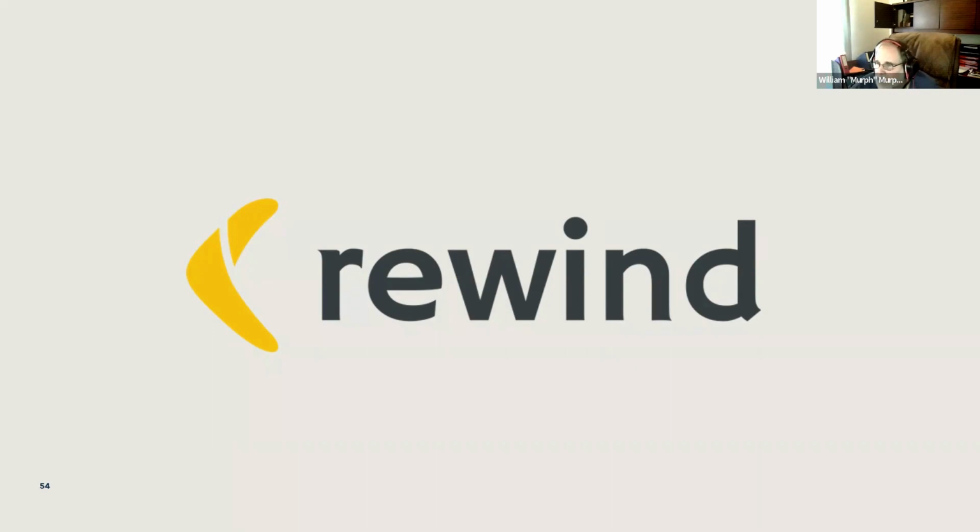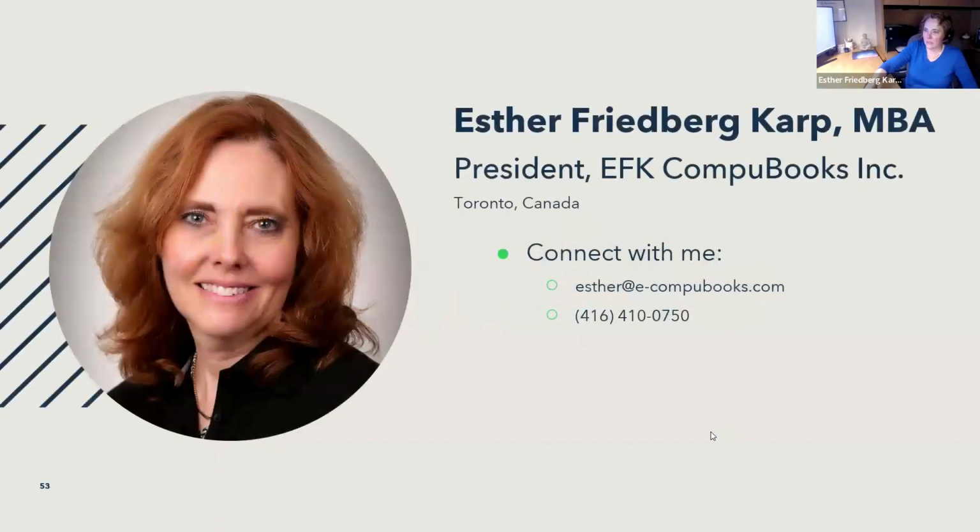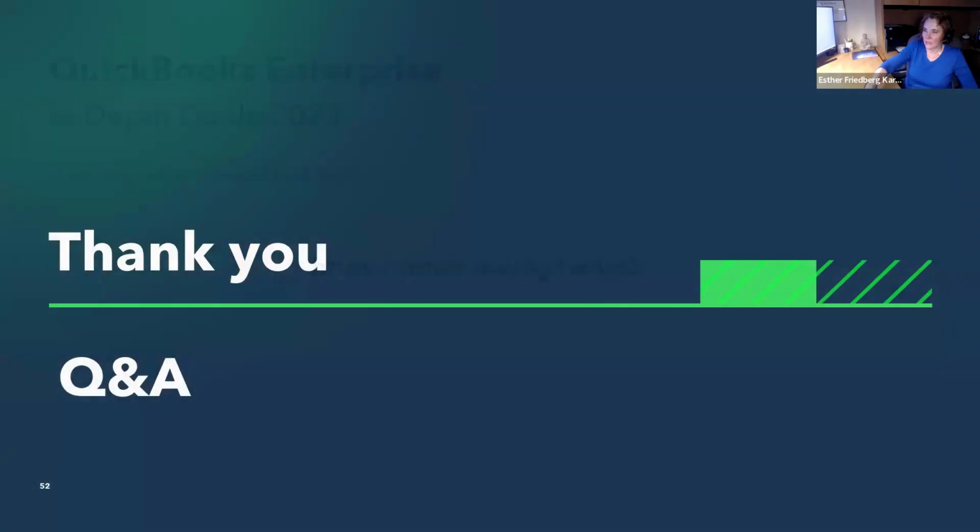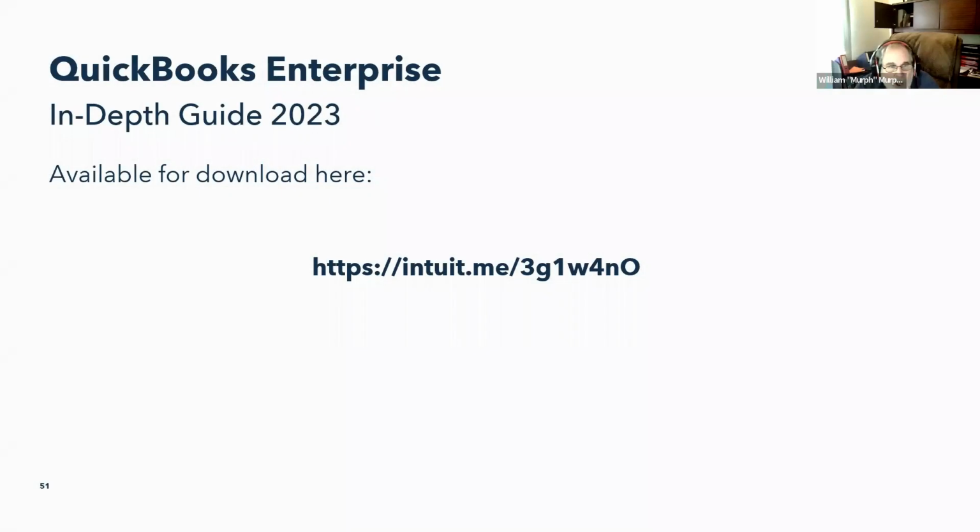Let me type that guide into https://intuit.me/3G 1W4N. There it is. I've got the screen up. If you guys want, you'll get it in the slide deck, but if you want to take a screenshot of that.